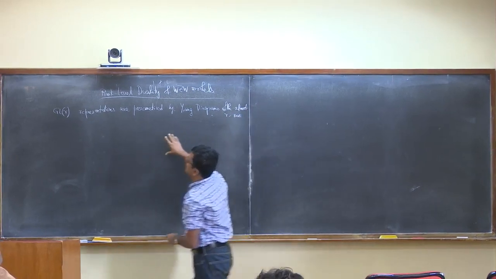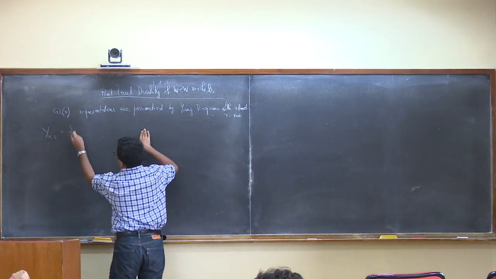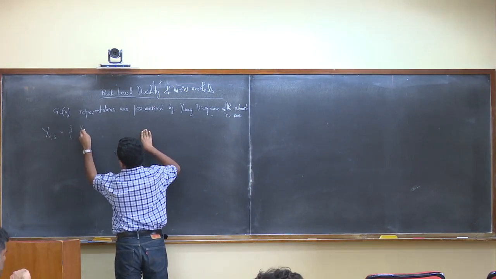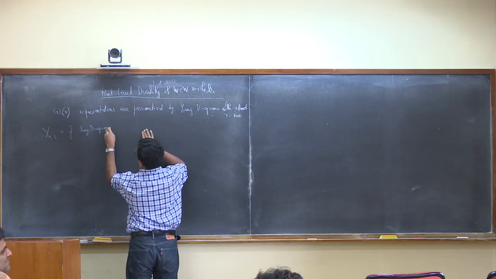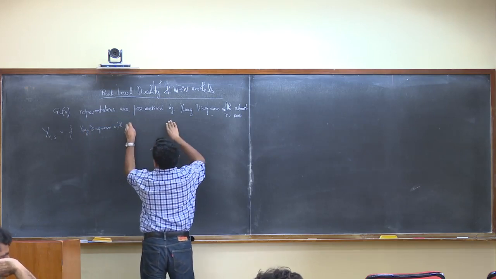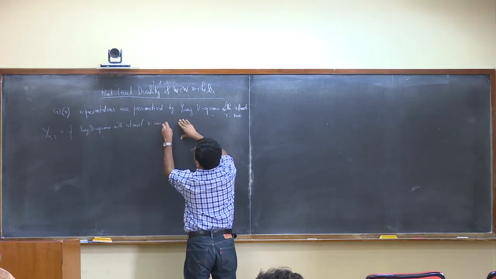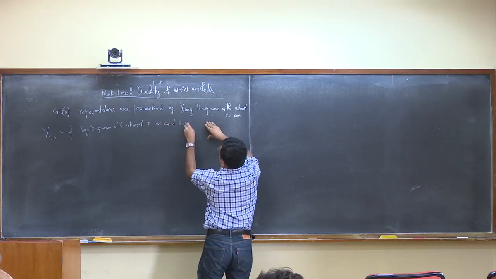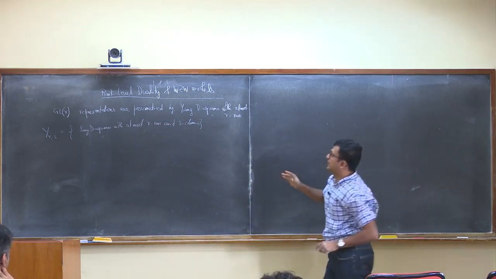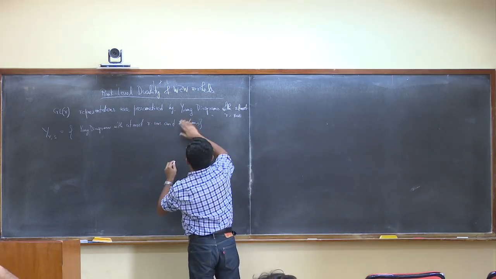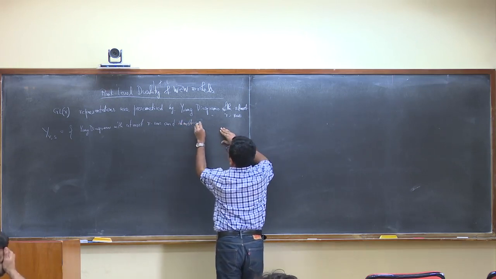Okay. So let me denote YRS to be the set of Young diagrams with at most R rows and at most S columns.